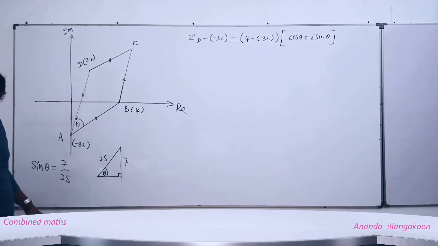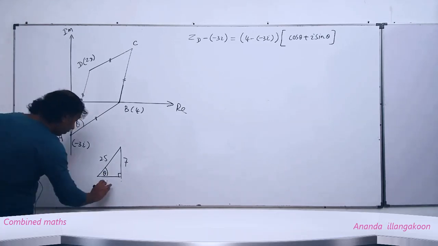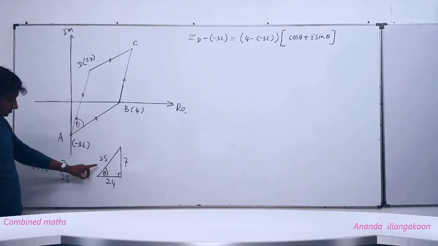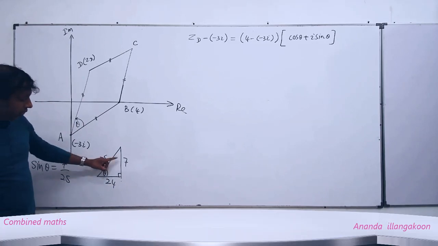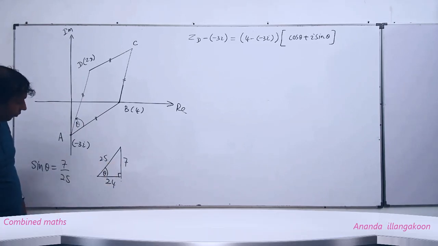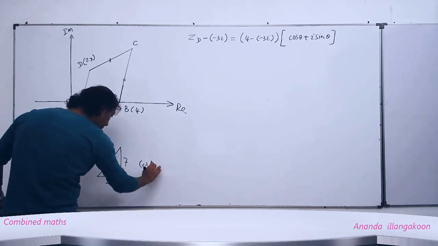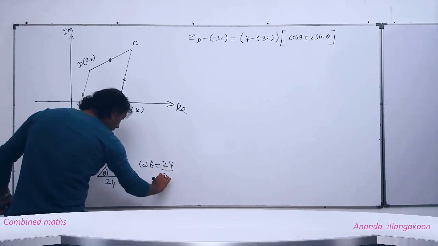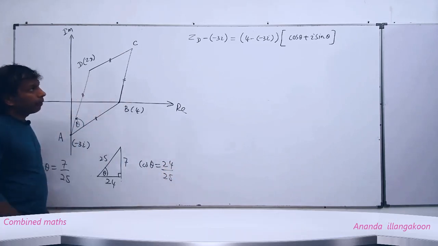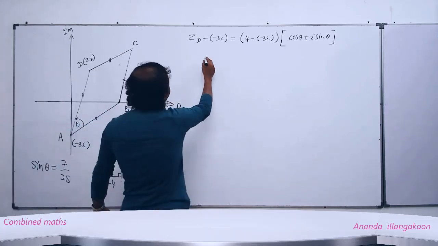Then here we get the adjacent side as root of 25 squared minus 7 squared, which is 25 squared minus 49, no? It's root 576, which is 24. Then cos theta we can write as 24 by 25.